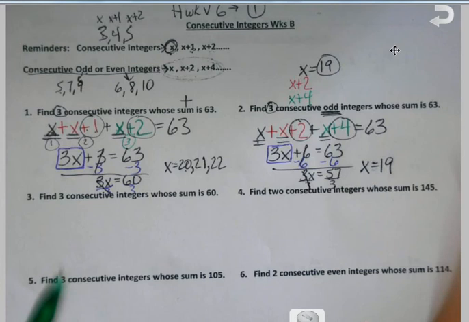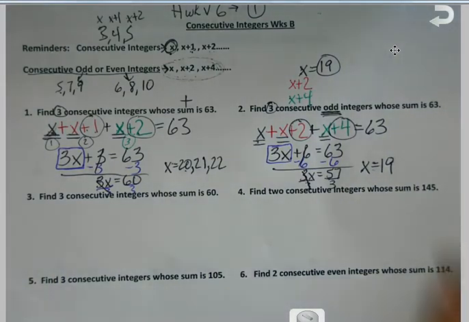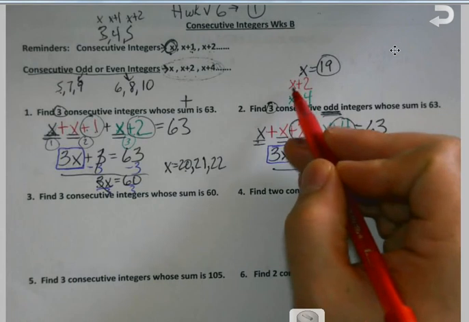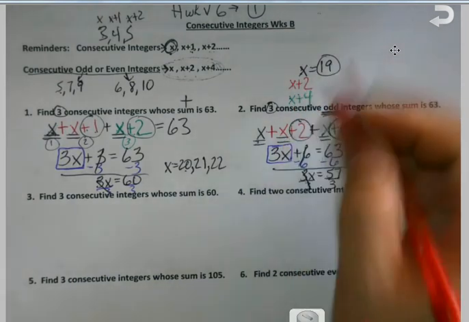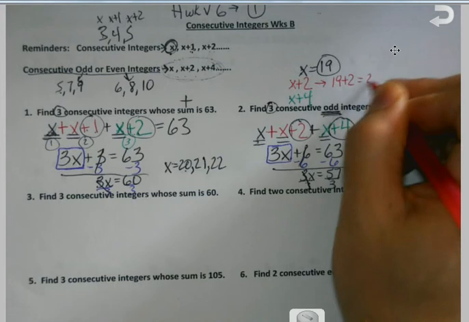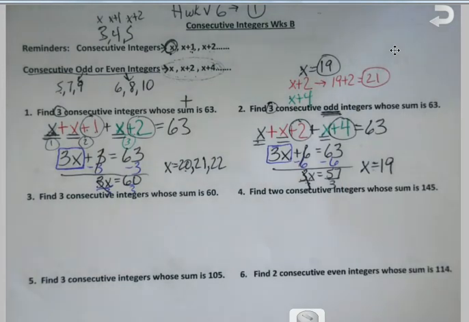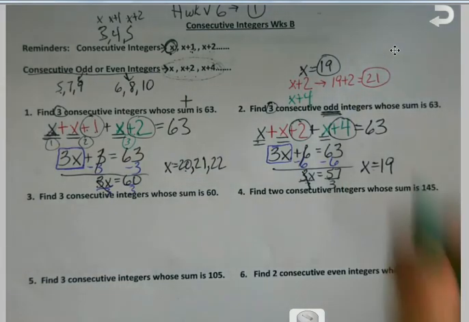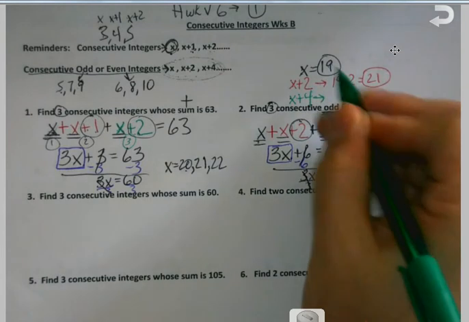that tells me the first number of my 3. So then I move down and I say, okay, my next number in my list is going to be whatever x is, plus 2, which would be 19 plus 2, which is 21. And then my last number is that x value plus 4.